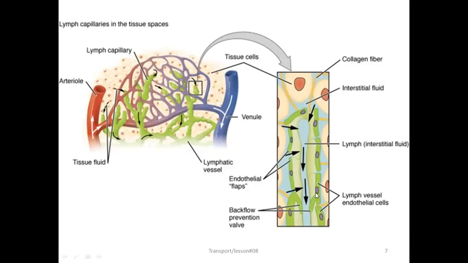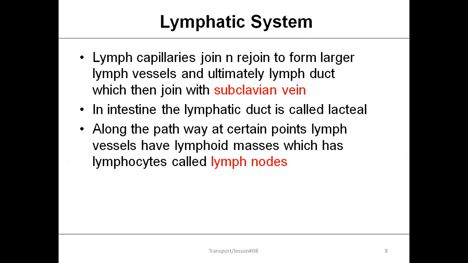There are valves present inside the lymph endothelial cells, and these valves prevent the backflow of the lymph so that it just keeps on moving forward, and accumulation of liquid does not take place inside the body spaces or inside the body tissues. Lymph capillaries join and rejoin.